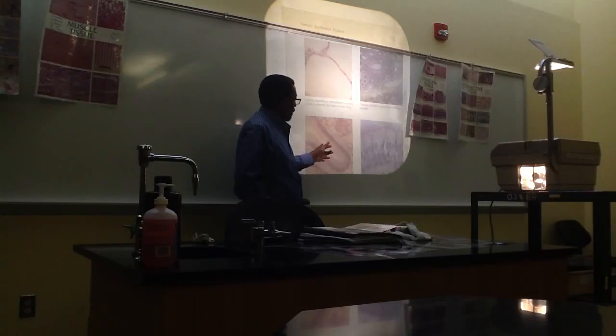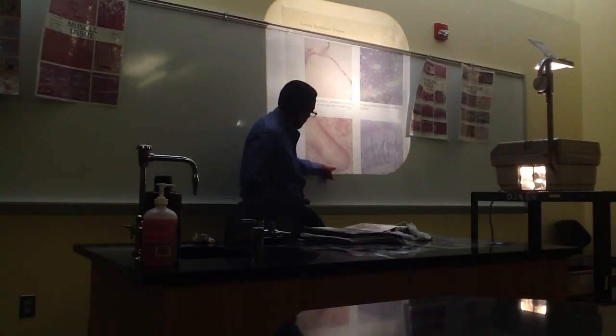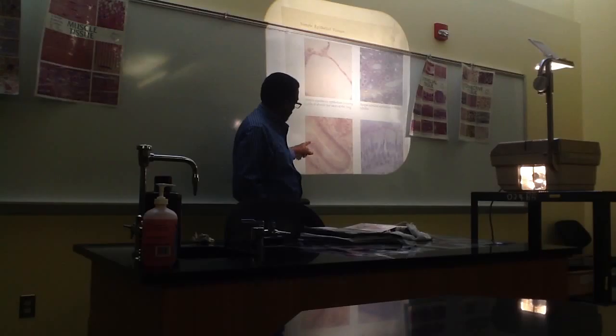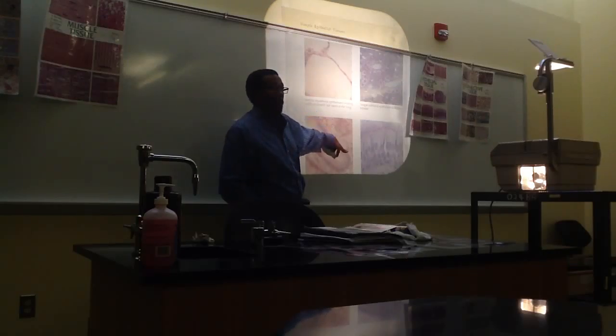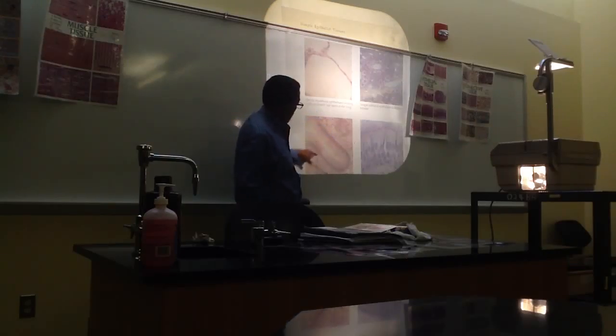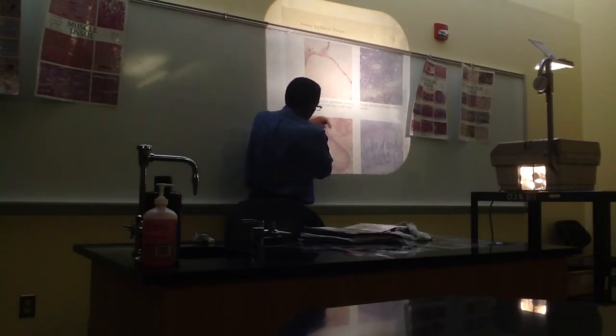That's why we didn't say bottom versus top, because these cells are kind of upside down. They're the same cells as these. And so where would be the base? Down here. Where would be the apex? Here. The base is the part where the nucleus is. So that's why we didn't say top. Here's the top of these cells, here's the top of those cells, and the bottom would be down here. That's confusing.